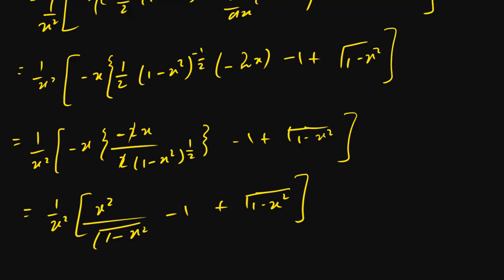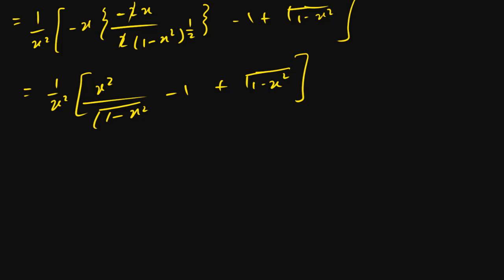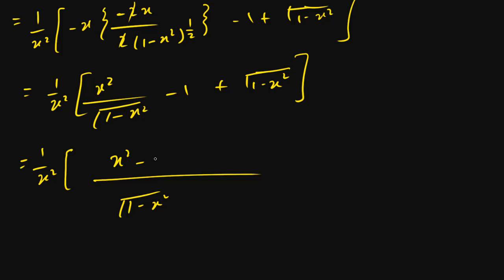Now again we are just going to come here, and we make, like, taking LCM, and we have x square and square root of 1 minus x square, and here we will get 1 minus x square.